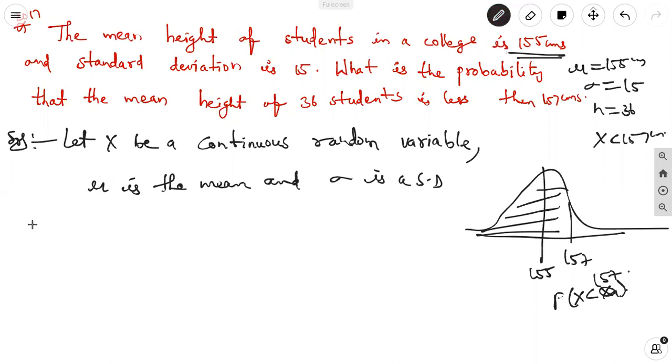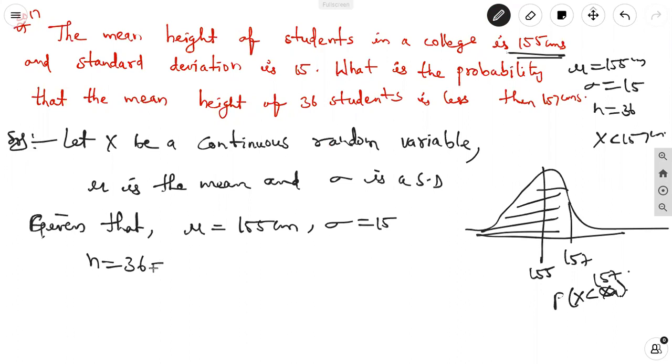So here from given that mu is equal to 155 centimeter, standard deviation is 15 and number of students equal to 36. 36 is the number of students. From that, probability of x is less than 157, we can calculate the area.